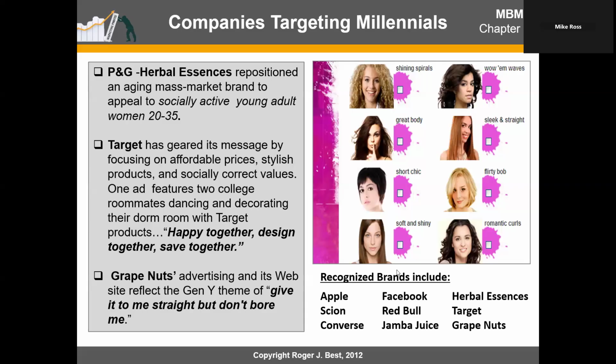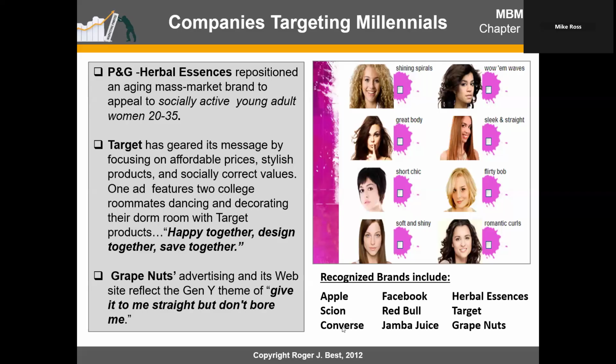Here in the lower right, you can think about some brands that we might think are more targeted to younger people than not. As I understand it, Facebook is now more for older people. Red Bull, that feels like a younger brand focus. Apple used to be exclusively younger, but I think that is certainly changing.